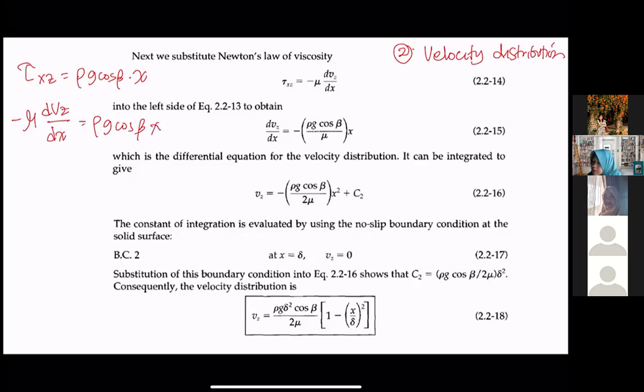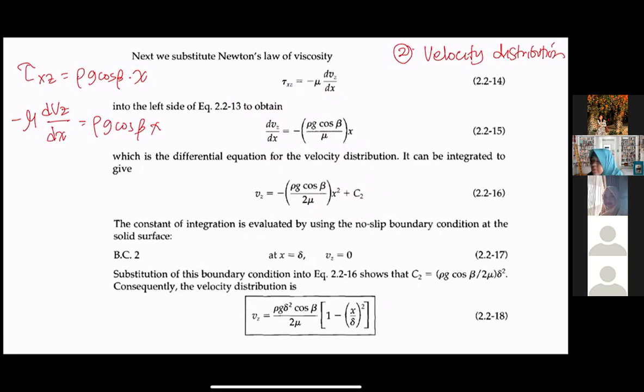Then you can rearrange them into dvz over dx. This is the differential equation for vz as a function of x, and then let's integrate both sides. x becomes half x squared, plus another constant from the boundary condition.